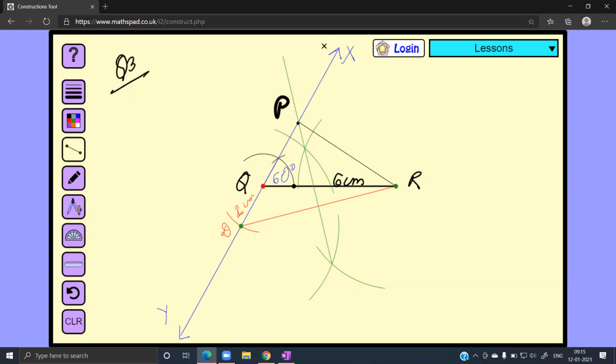And as you can see, PQ is shorter, PR is longer. Measure PR and PQ and check their difference. It should be 2 centimeters.